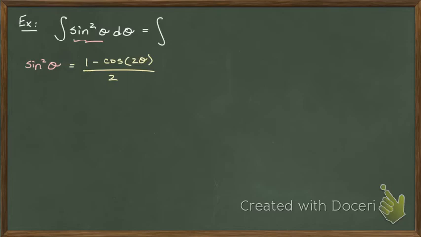I've got cosine of 2 theta, and that's something I can integrate pretty easily. I'll show you. So I replace sine squared of theta with 1 minus cosine of 2 theta divided by 2, and I wrote it a little differently here. I pulled off a factor of a half, because when I integrate, I can just move that constant outside of my integral.